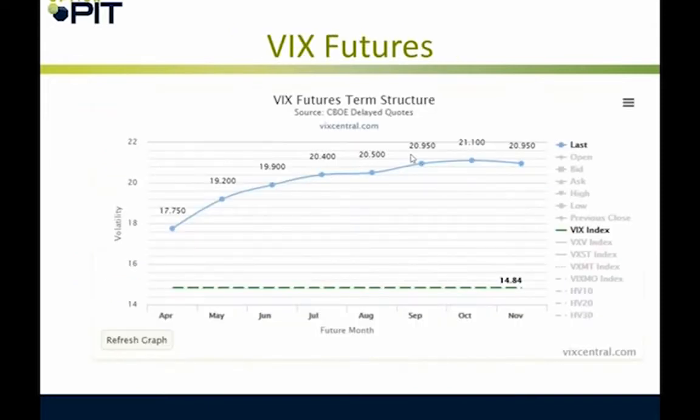So this is a picture of the VIX futures from April. And you can see here is April, May, June. You can see that as we get closer to expiration, volatility is dropping off.